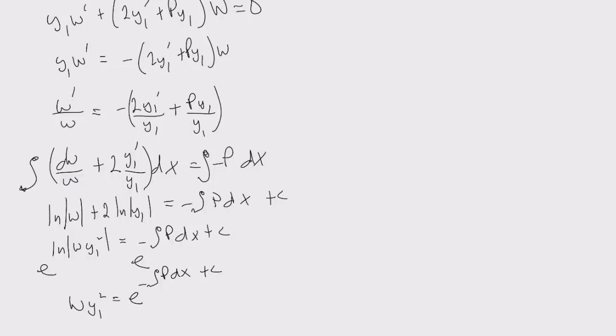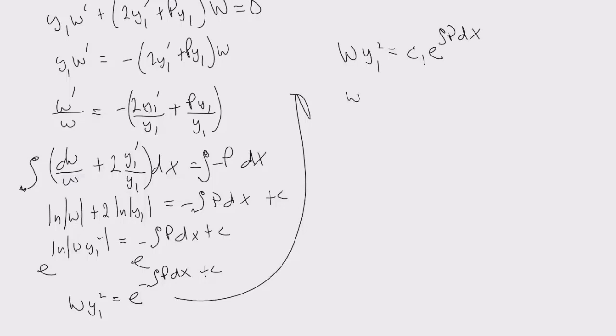So let me copy this up here. w y1 squared equals c1 e to the negative integral of p dx. If I solve for w, that gives me c1 e to the negative integral of p of x dx all over y1 squared. And remember, w is equal to u prime.